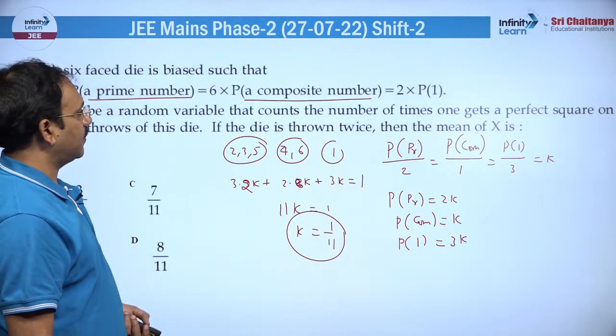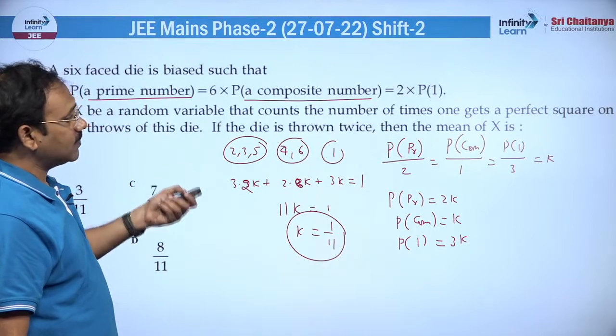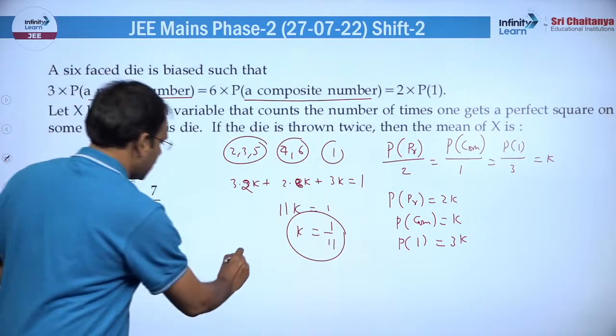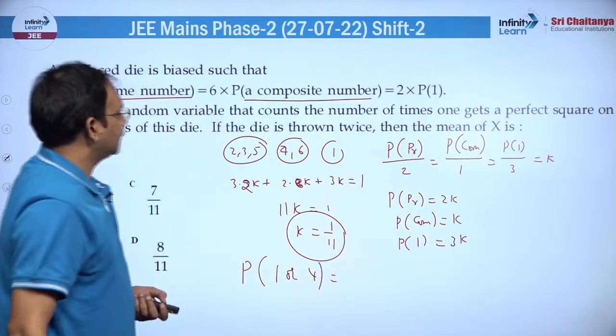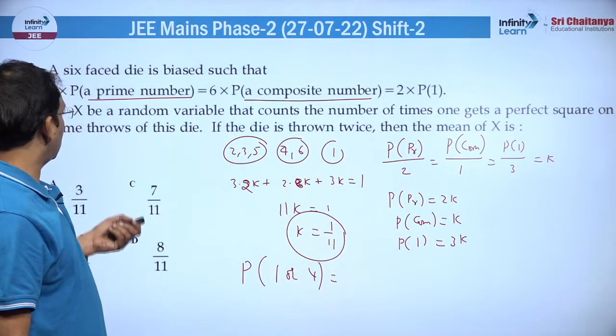Now in this experiment, the number of times 1 gets a perfect square means probability of 1 or 4 you have to get on some throws of this die.